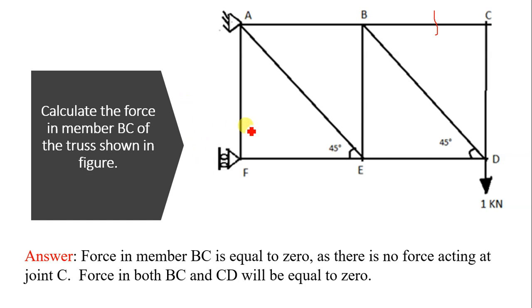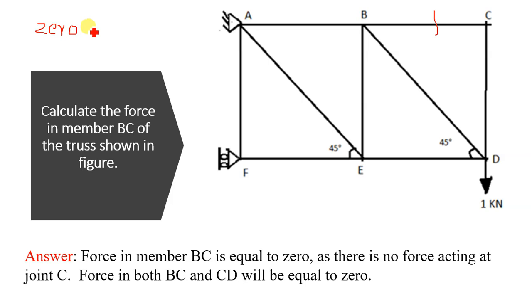In case of cantilever truss, we can start from the free end, and then we have to observe the truss carefully, and we have to apply conditions to identify zero force member. So there are two conditions to identify zero force members.